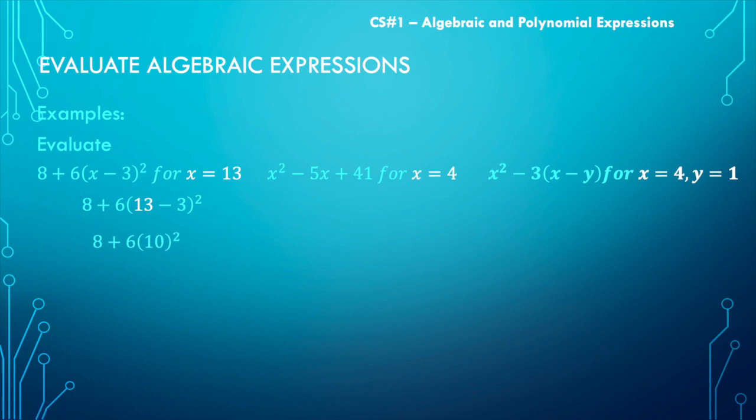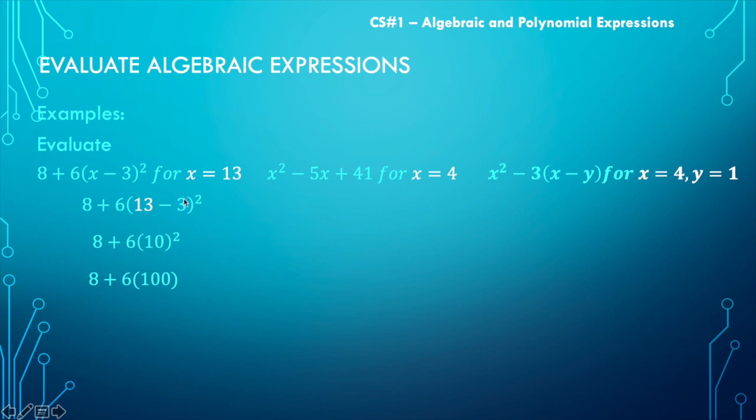Okay, I've taken care of grouping. Next, I want to take care of exponents. And I see that this 10 is being squared. Notice that that squaring is on the 10 and on the 10 only. So I'm just squaring the 10. So 10 squared is also known as 100.